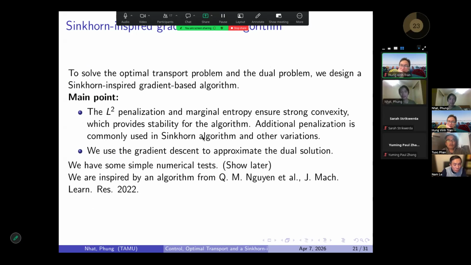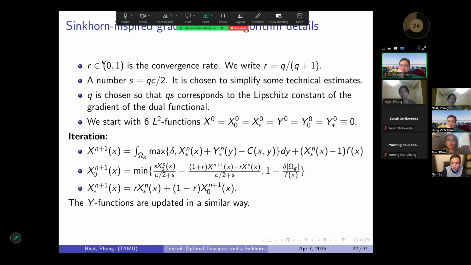The first thing with the gradient, we want to find some convergence rate from 0 to 1. So we write it as q over q plus 1. And then we will have some kind of technical estimation for the gradient descent. So we will use a number defined like this, where this is the lower bound for f and g.